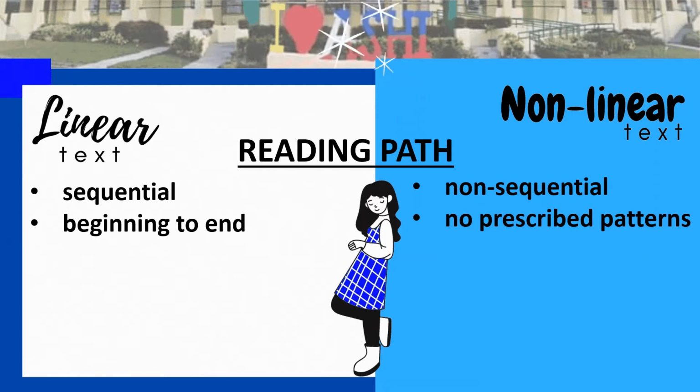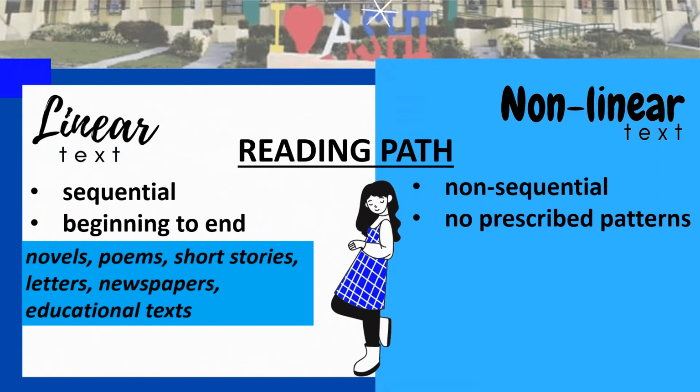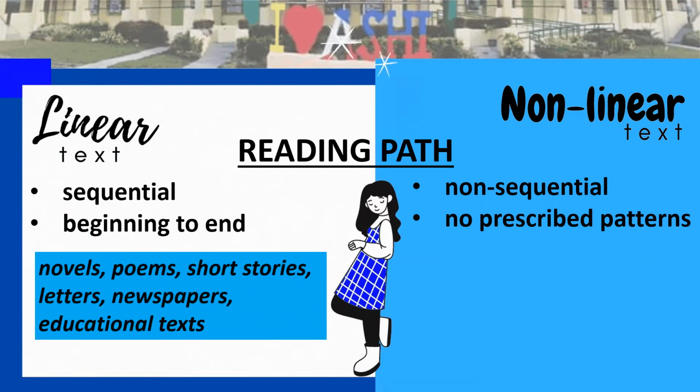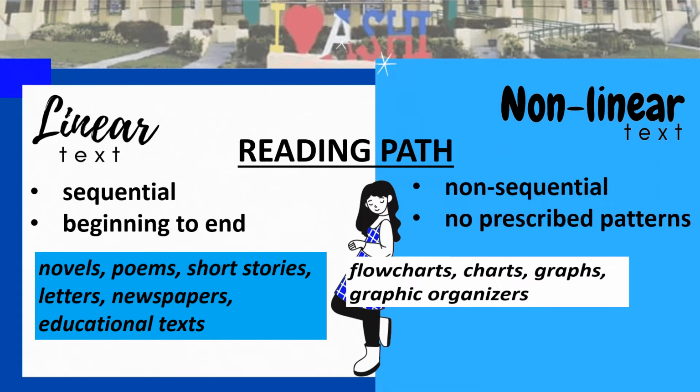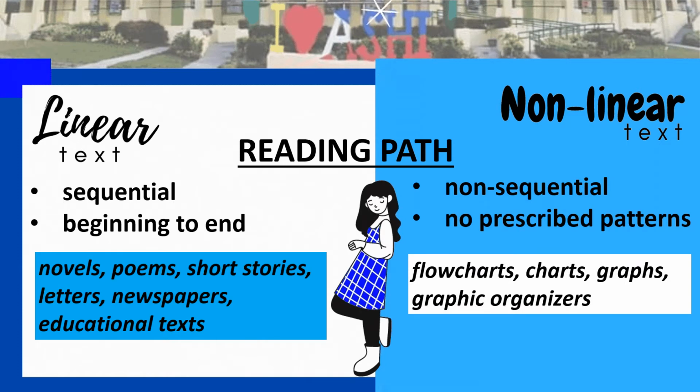The common examples of the linear text include novels, poems, short stories, letters, newspapers, educational texts, and the like. While for the nonlinear text, the common examples are flowcharts, charts, graphs, graphic organizers, and the like.